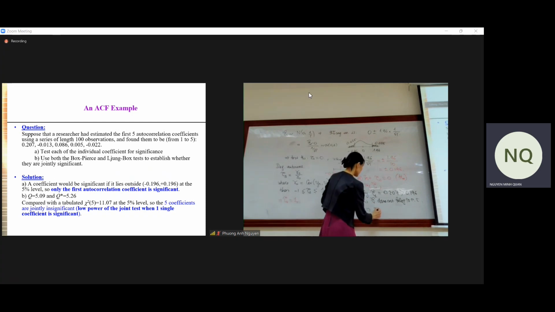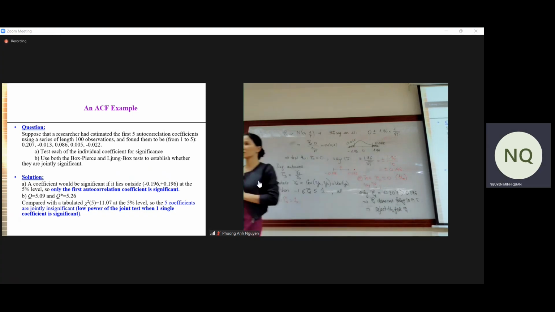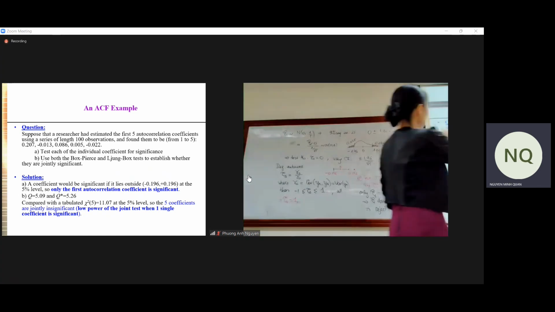So we can reject H0 for tau 1. Then how are the others? For the others, we cannot reject, so they are not significant. Only the first one is significant.